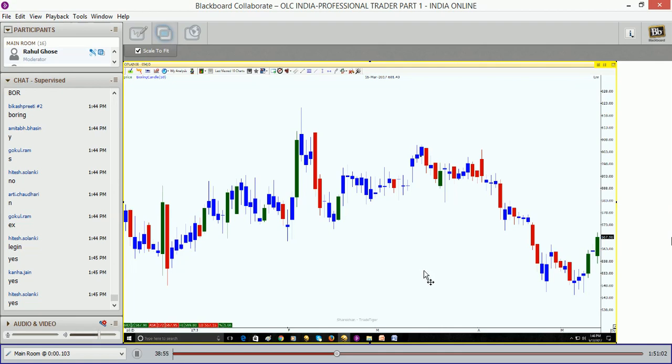Open up your Trade Tigers, friends, and mark a daily demand zone on Cipla. Once you guys are complete, let me know and I'll have a look at the zone. I'll tap into your system.